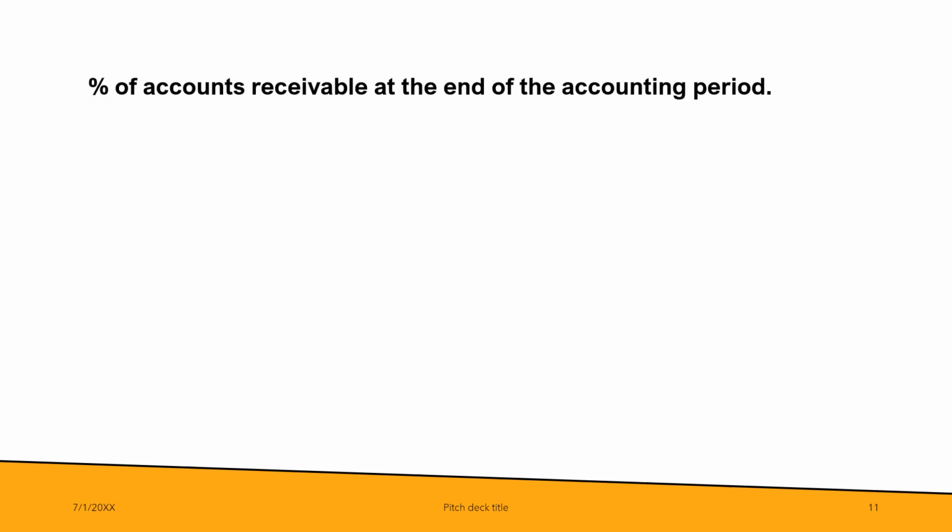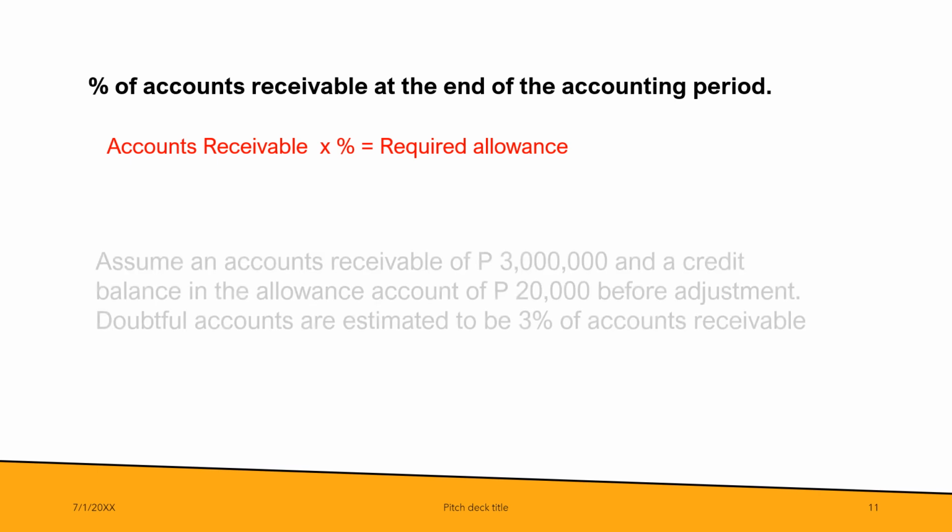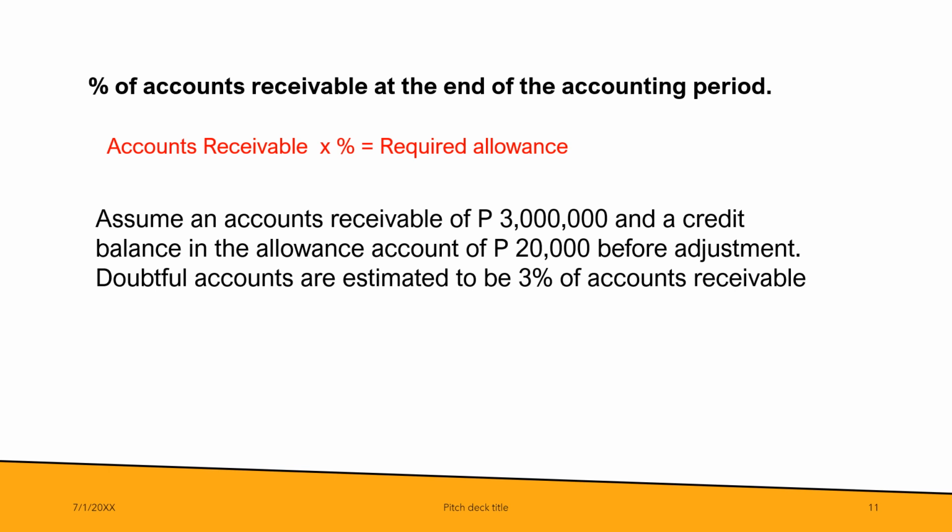If the basis of the entity in estimating uncollectible accounts is accounts receivable, then the computed amount is the required allowance. So the formula is accounts receivable times percentage of uncollectible equals required allowance for doubtful accounts.